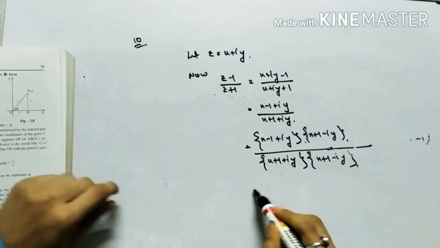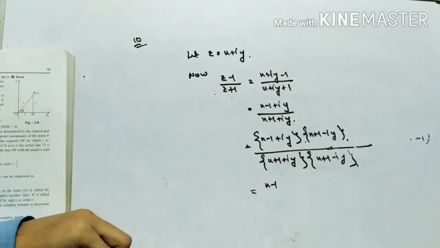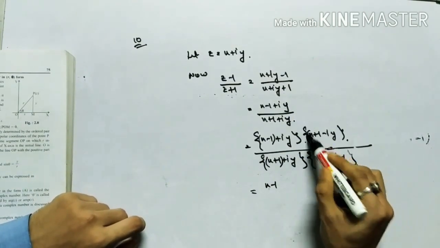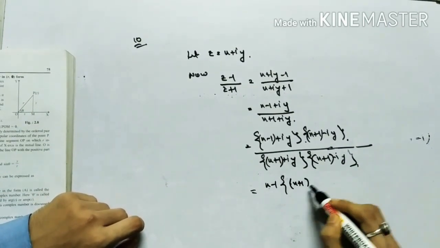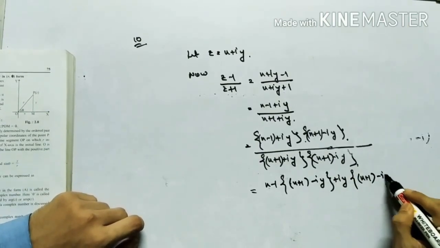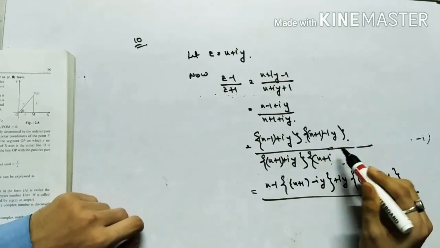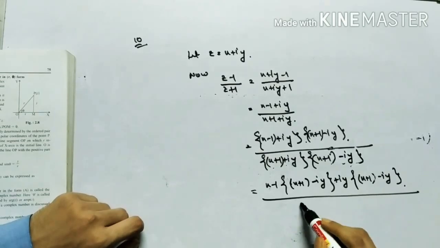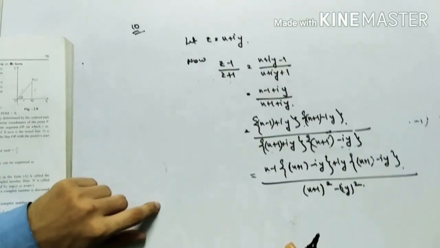The top one I will multiply: x minus 1 plus iy, times x plus 1 minus iy. The denominator will be a plus b into a minus b formula, so I will get (x plus 1) whole square minus (iy) whole square.